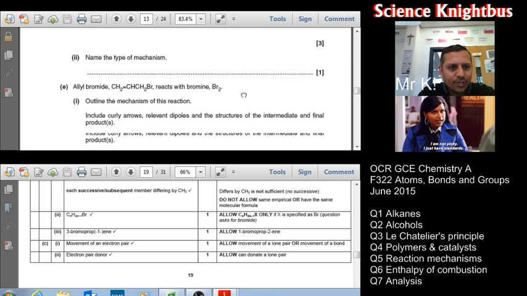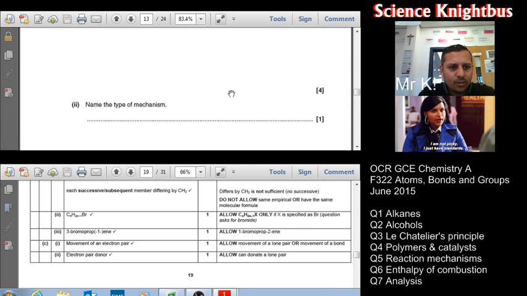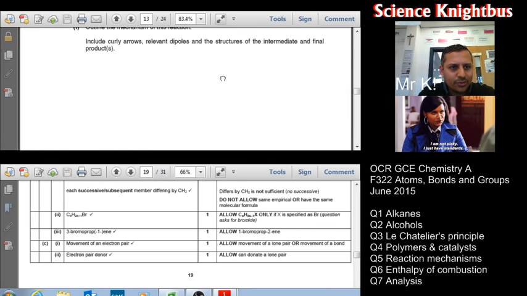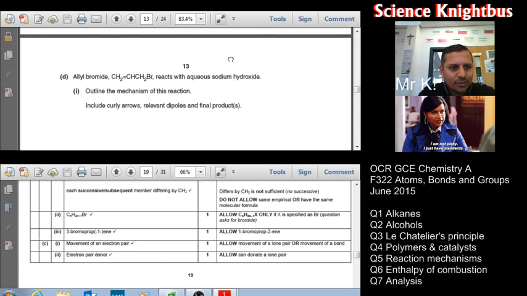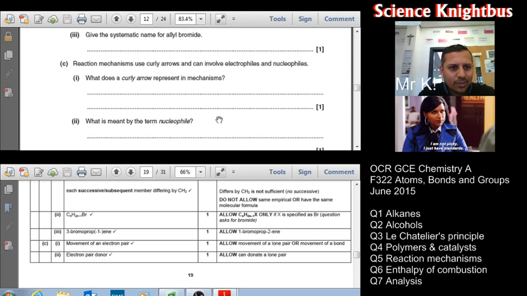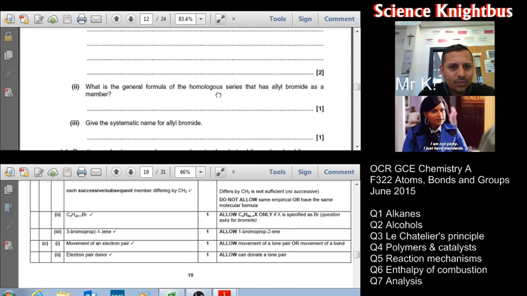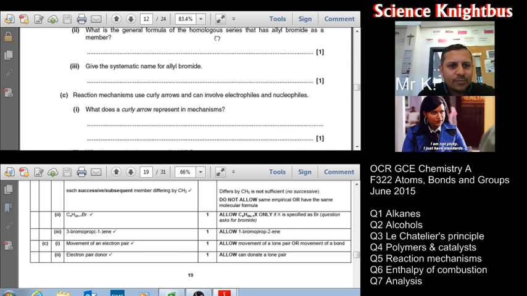Propene is absolutely fine. Have I gone too far? Sorry about this, I have gone extremely far. Here we go. Give the systematic name for allyl bromide. That would be 3-bromopropene.